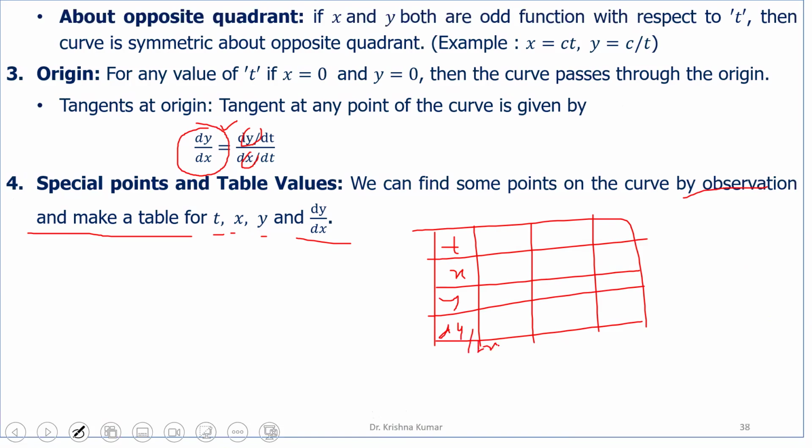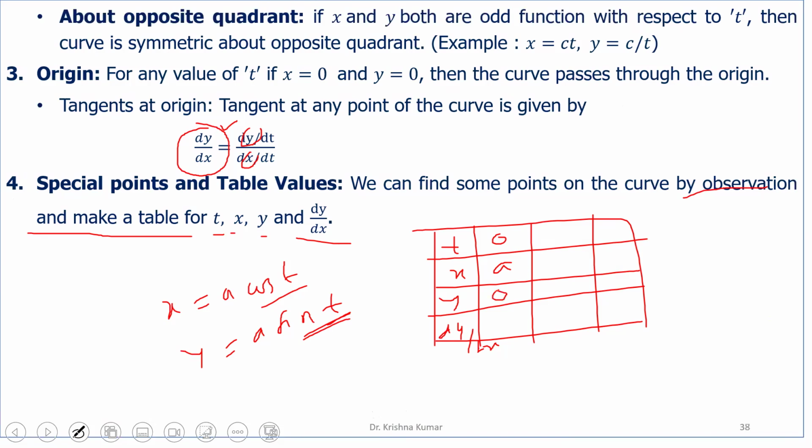For example, if we have x equal to a cos t and y equal to a sin t, and we put t equal to 0, then cos 0 is 1, so x is equal to a, and sin 0 is 0, so y equal to 0.